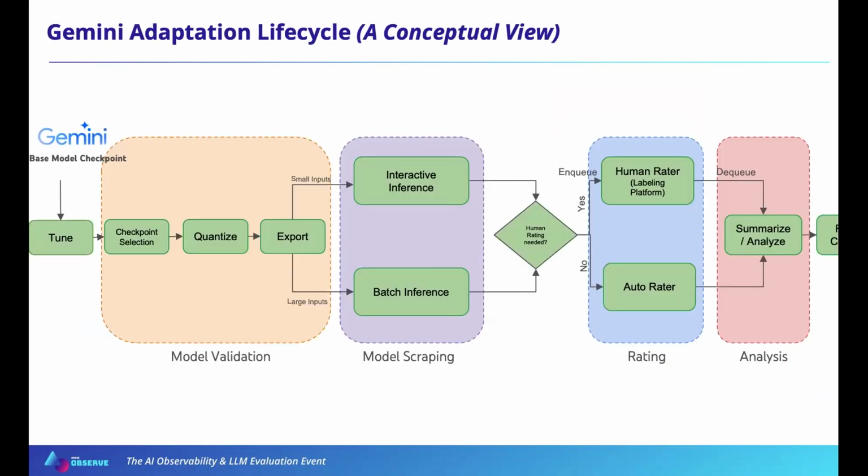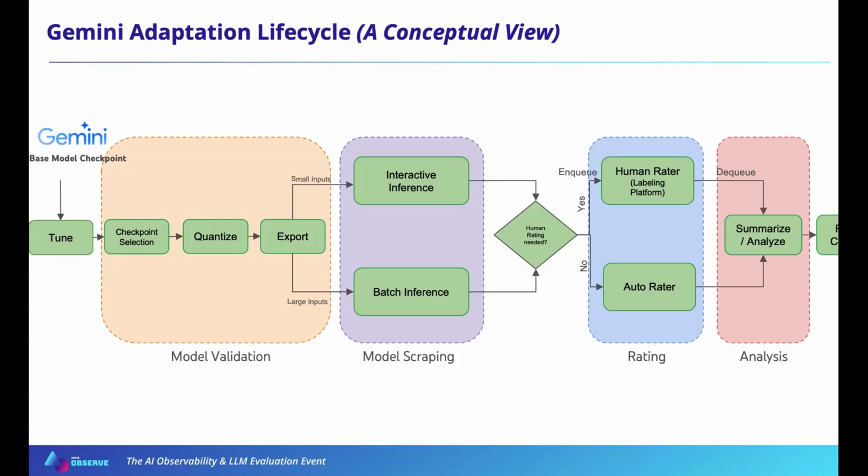If we double click a little bit and see how that workflow looks, there are 4 to 5 stages. The first one is around all the tuning that we did once. And then we have what we call model validation, which is primarily around making sure that you choose the best checkpoint, you quantize the model, make it ready for inference. And then even in inference, we see a couple of different patterns.